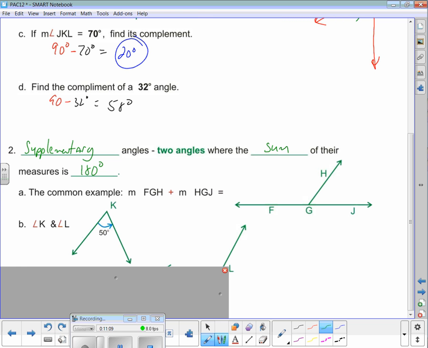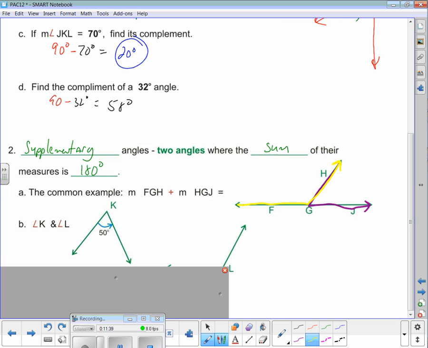All right, the common example is here on the right. And it's the common example because we have a straight angle, and we have two angles together that make up the straight angle. Here's angle HGJ. You don't need to do this in your notes. I don't know how many degrees it is. Looks like it's maybe about 50. And then I have this angle, angle FGH.